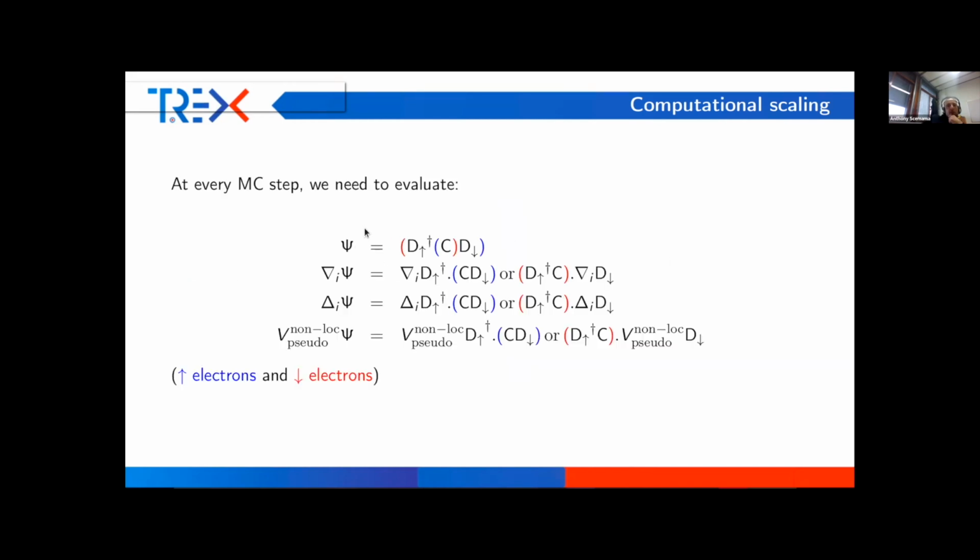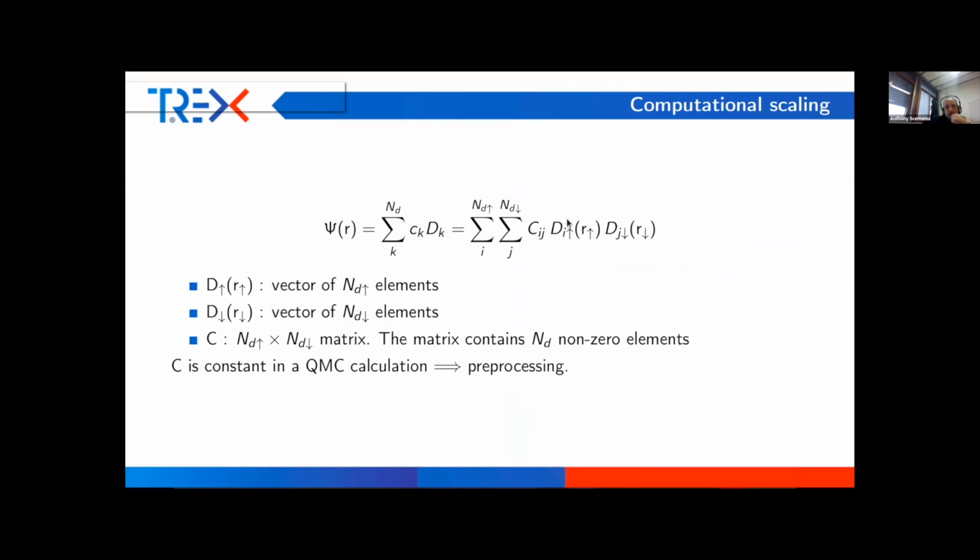So I was saying you need to compute the wave function, the gradient, and the Laplacian at every Monte Carlo step. And remember, we are using this kind of expression. So you see here, d_i of r.